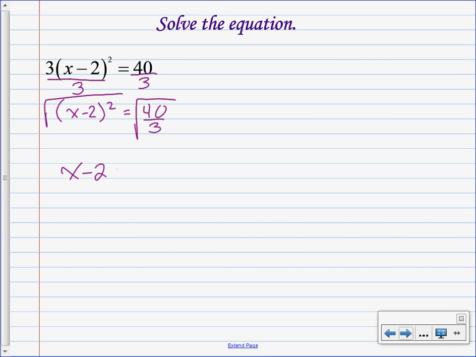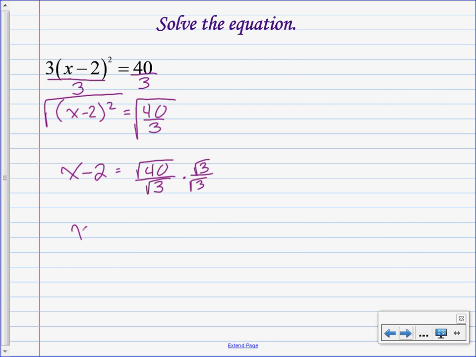X minus 2 equals the square root of 40 over the square root of 3. Can I have a square root of 3 in my denominator? No, so what do I need to do? Not by negative 3. Square root of 3 over the square root of 3.